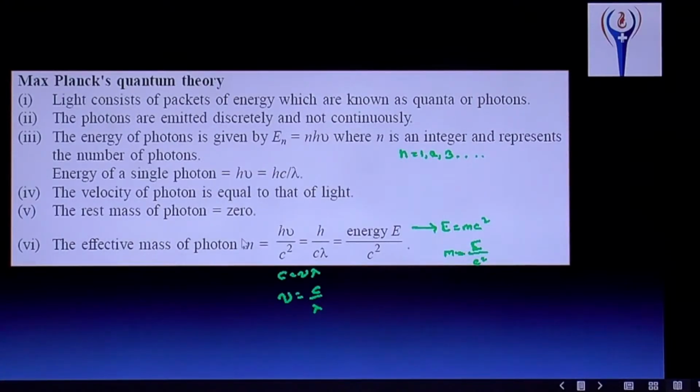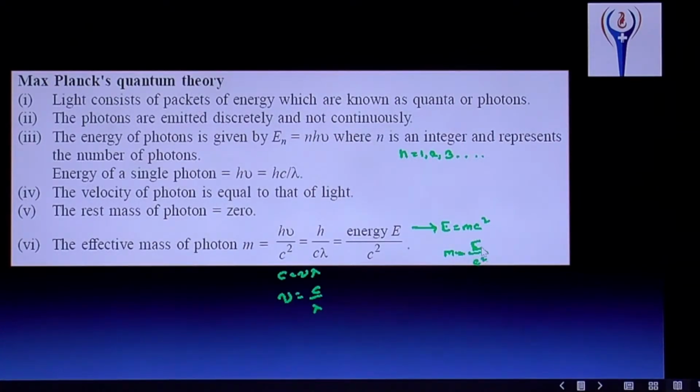And the effective mass of a photon: the mass of the photon increases with velocity. When speed increases, its mass also increases. That is the effective mass. Effective mass is m equal to h nu by c square, equal to h by c lambda, equal to energy by c square, actually derived from E equal to mc square. E equal to mc square, then m equal to E by c square.